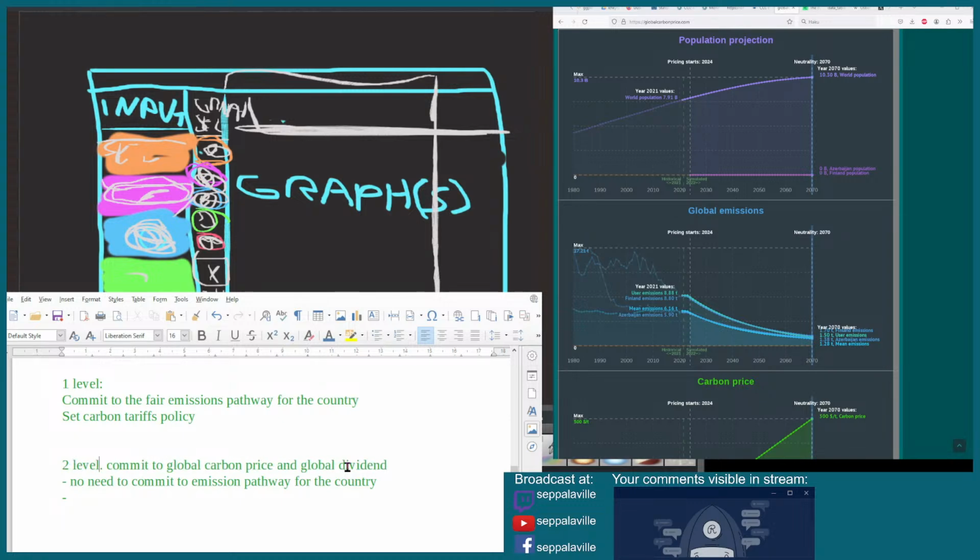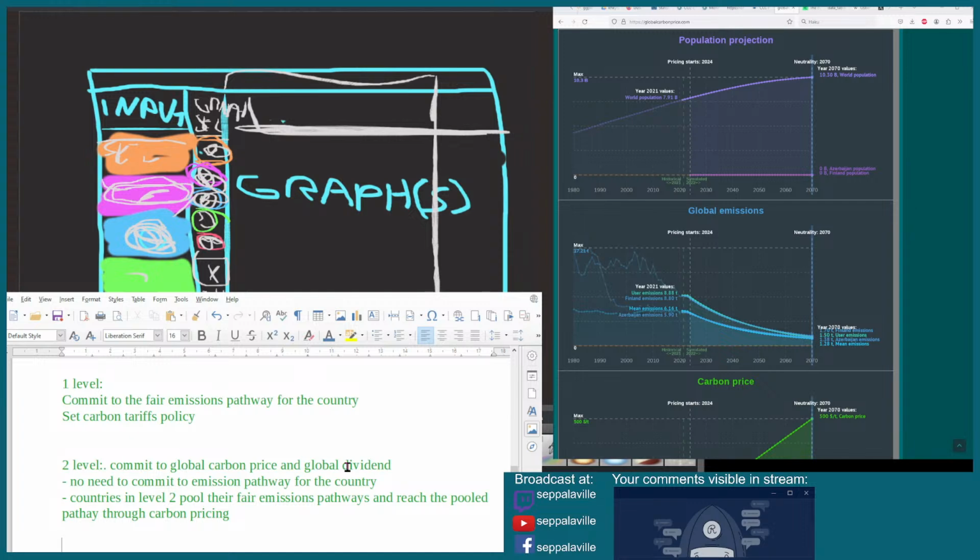So countries in level 2 pool their fair emission pathways and reach the pooled pathway through carbon pricing.